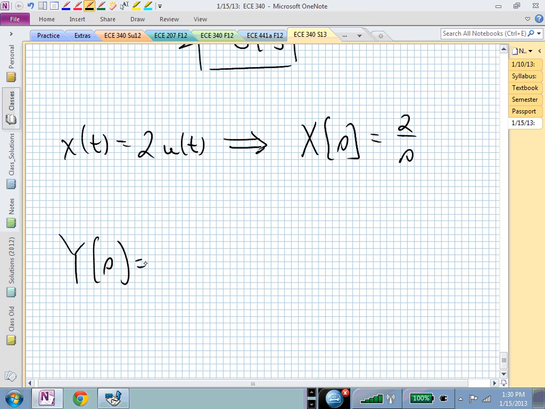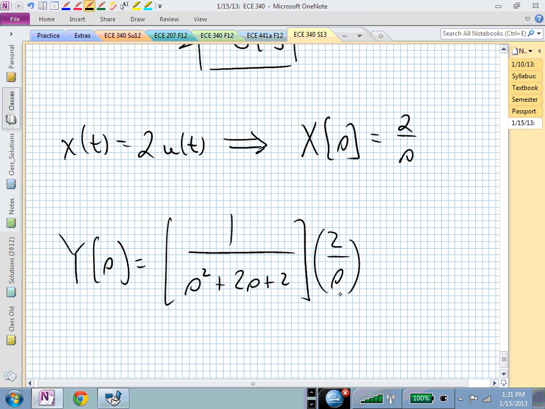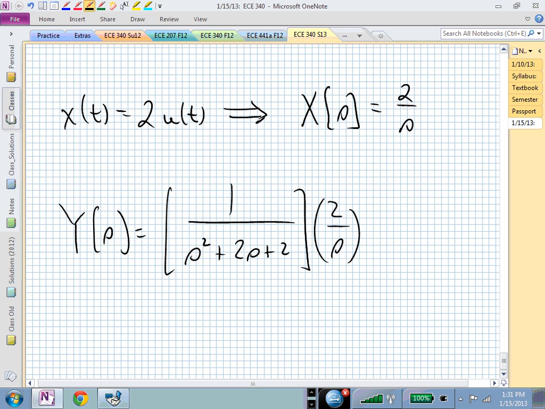We now know what capital Y of s is. That's G of s times X of s. G of s was 1 over s squared plus 2s plus 2. X of s was 2 over s. Now we want the structure of little y of t.